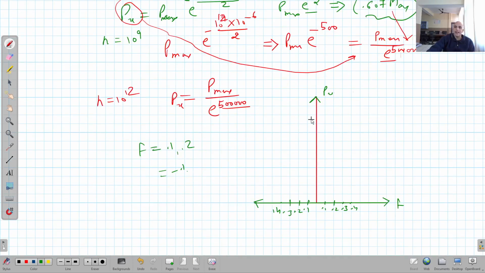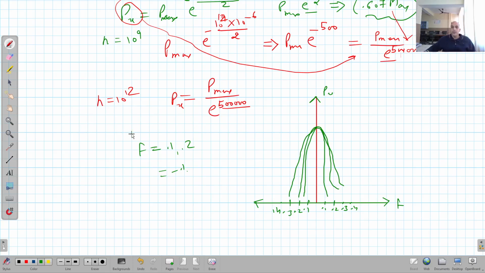So what we will get is a graph like this.